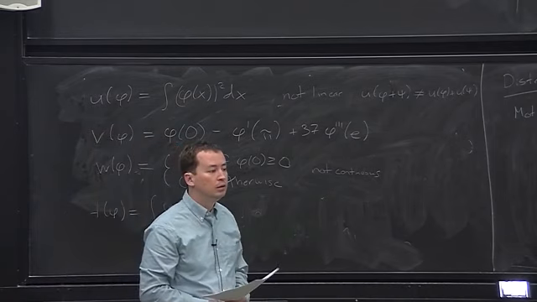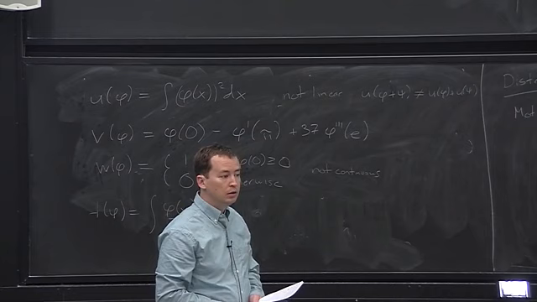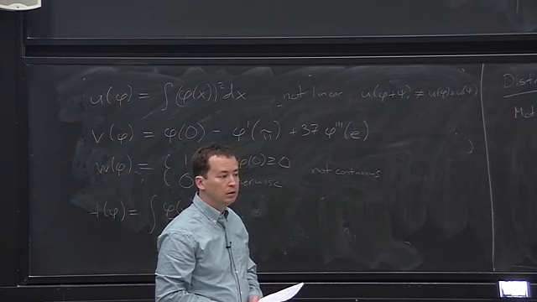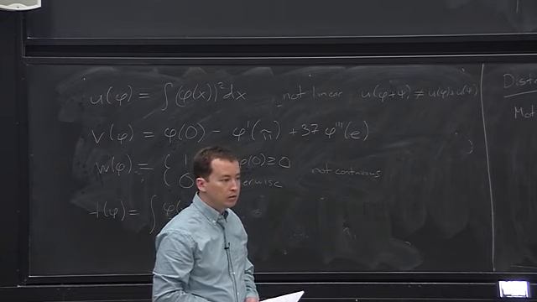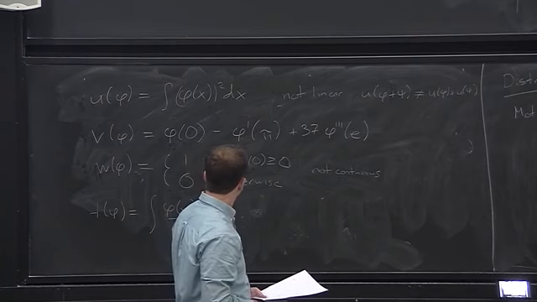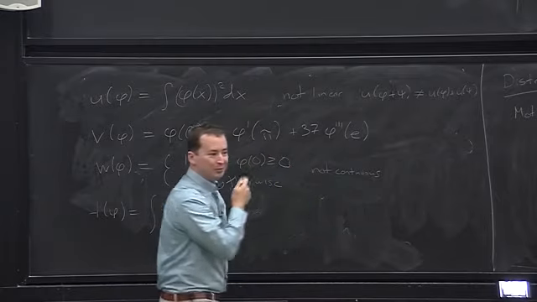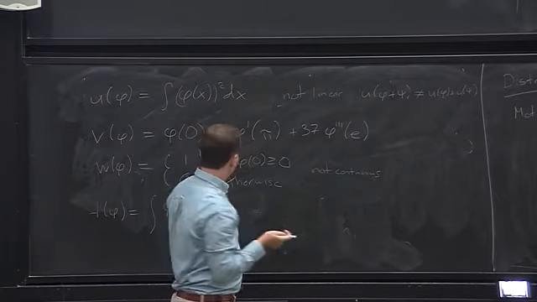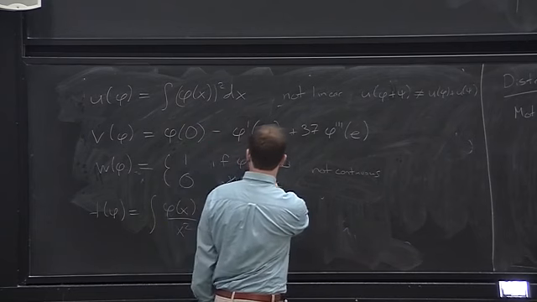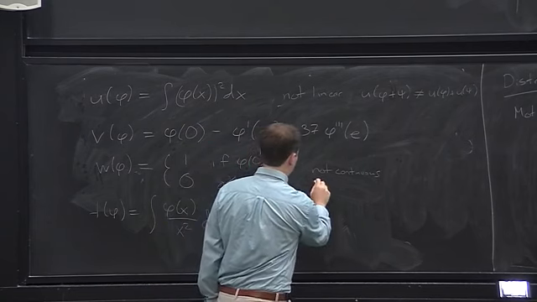Can you also say that it's not linear because you might have two functions that are less than 0 at 0, but then when you add them... oh, I thought that said less than 6. Oh, yeah, sorry, it wouldn't change much if it was 6. But not linear too. Yes, I think you're right. Yeah, not linear.